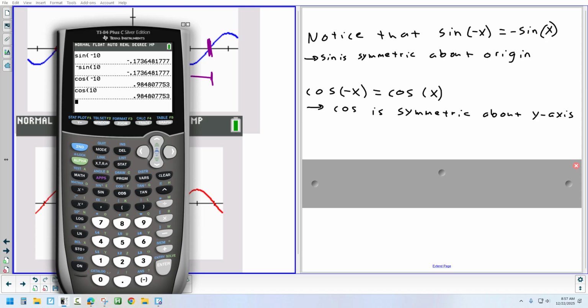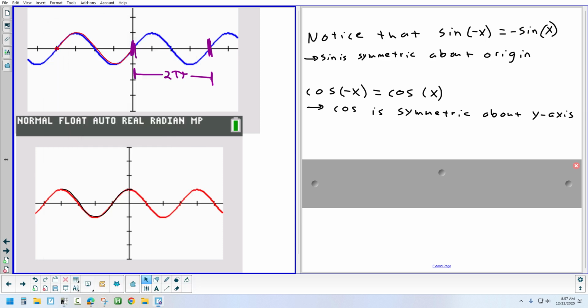And it comes out exactly the same. That's because when you put a negative on the inside, that's a horizontal reflection. And I just showed you when I took this black section and reflected it horizontally, it looks exactly the same. So the negative reflecting horizontally doesn't make a difference with a graph of cosine. Any question on that?